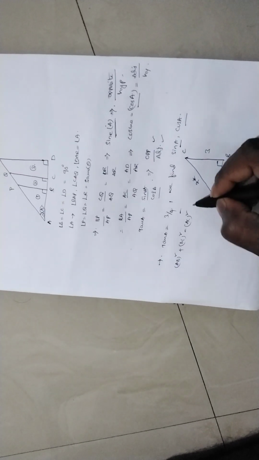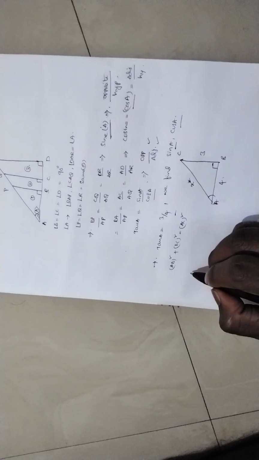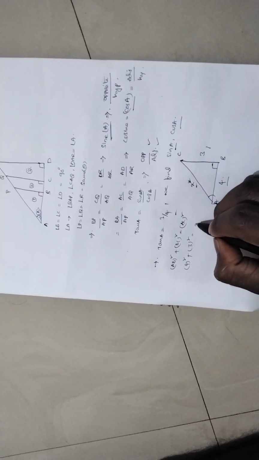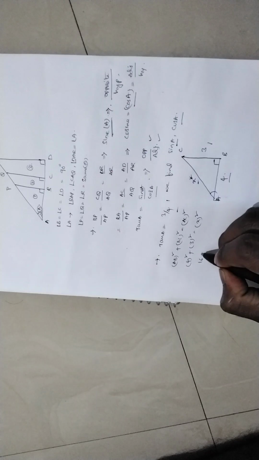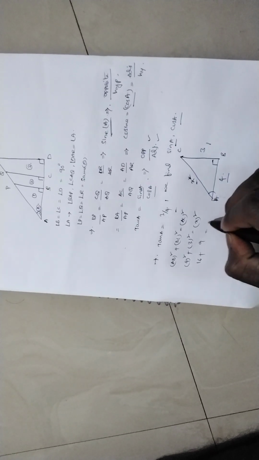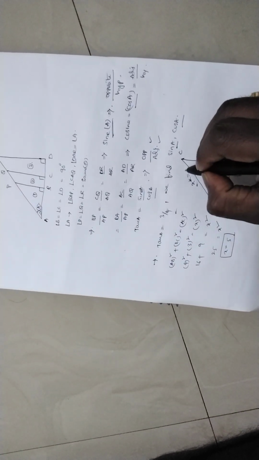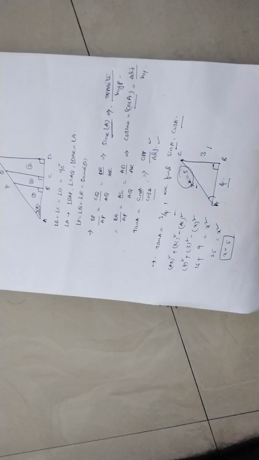Here we have AB as 4 square plus BC as 3 square, and AC we have as x, so squaring it. 4 square is 16 plus 3 square is 9 equals x square. 25 equals x square, x equals 5.